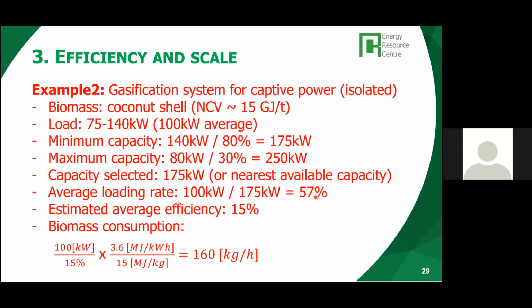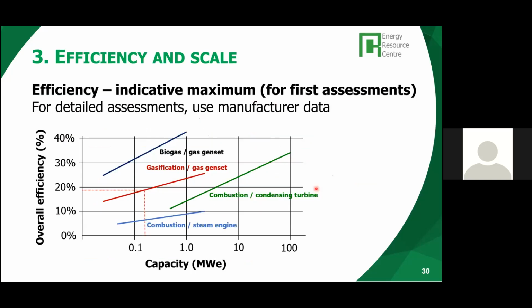It would be, let's say, 57%. If you have 57% for a gasifier of 175 kilowatts, then you are at roughly 18 to 90% of maximum overall efficiency.